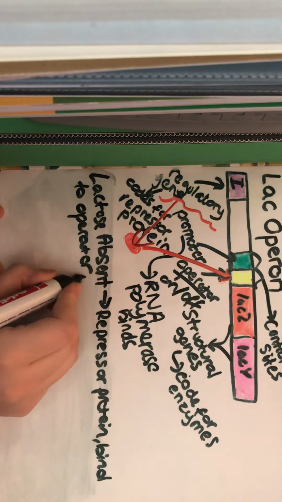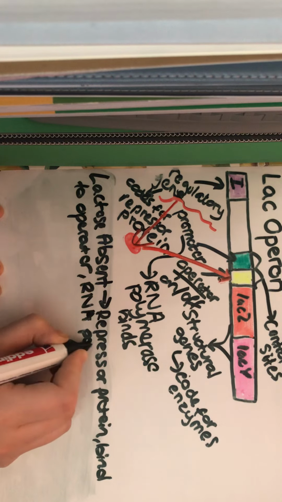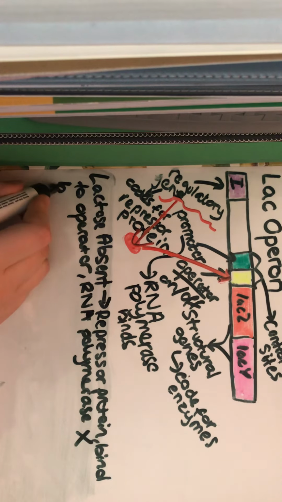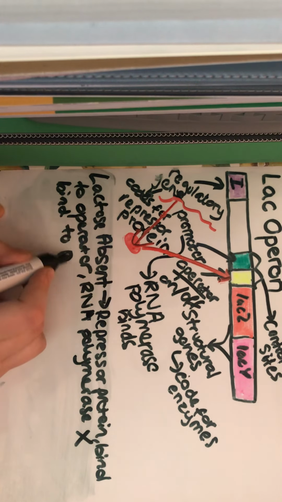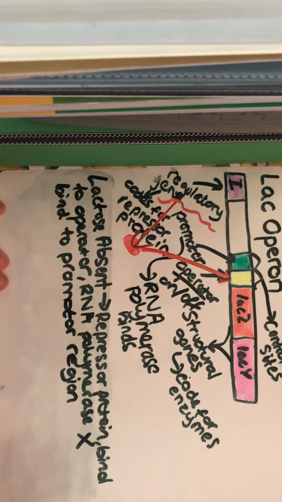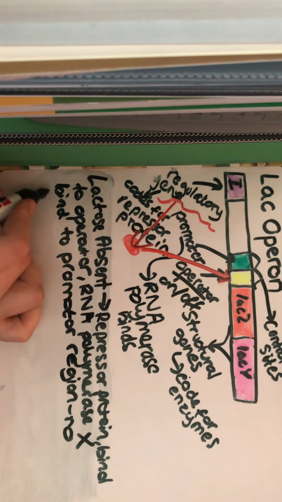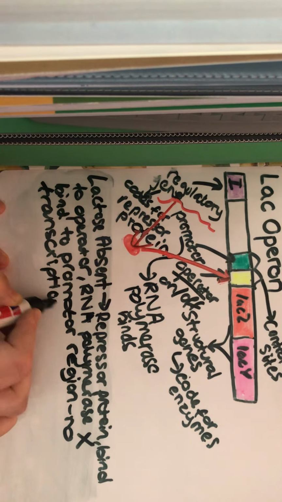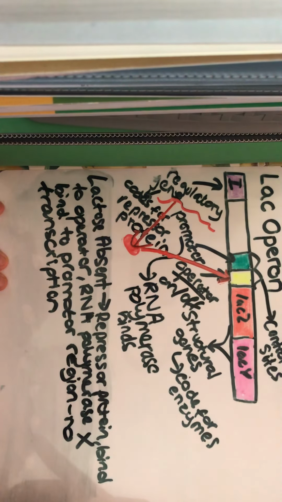So now RNA polymerase cannot bind to the promoter region, preventing the transcription of the gene. So there's no transcription. So this means that Lac Z and Lac Y cannot be transcribed or expressed.